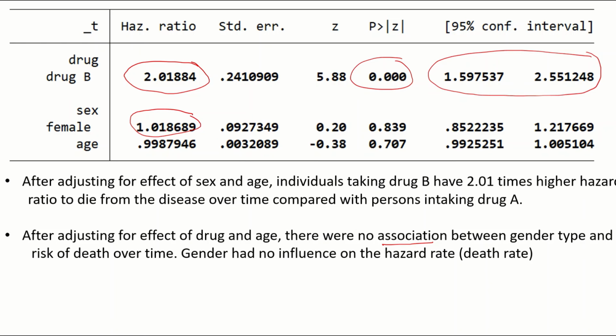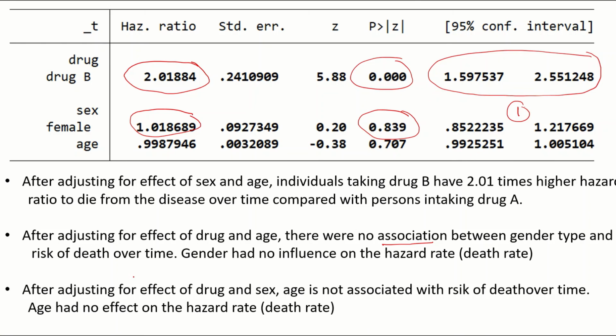Though the hazard ratio is 1.01, the p-value was greater than 0.05, so there was no significance here, and also the 95% confidence interval includes a value of 1. So we can conclude here that gender had no influence on the hazard rate or death rate. So there is no difference between the rate of death for males or females over time.